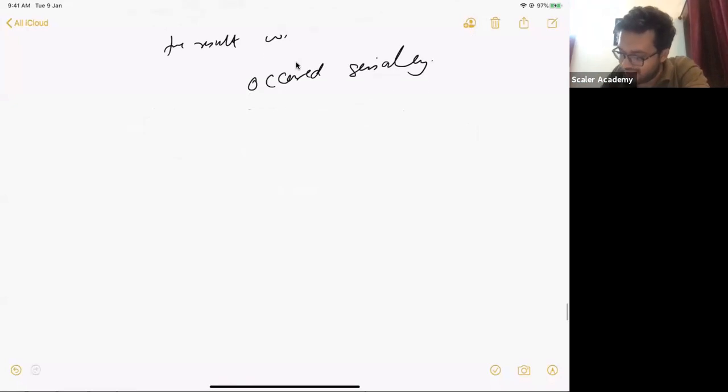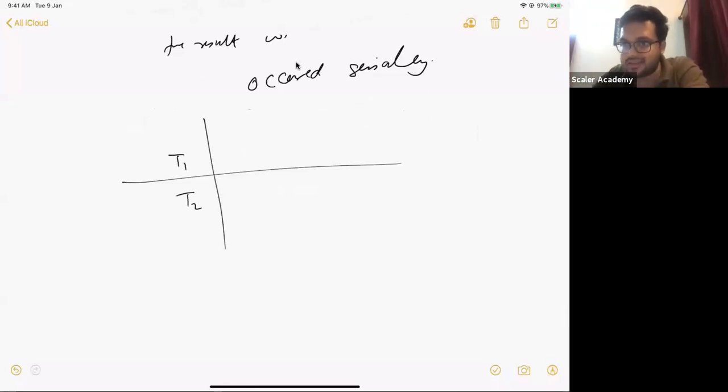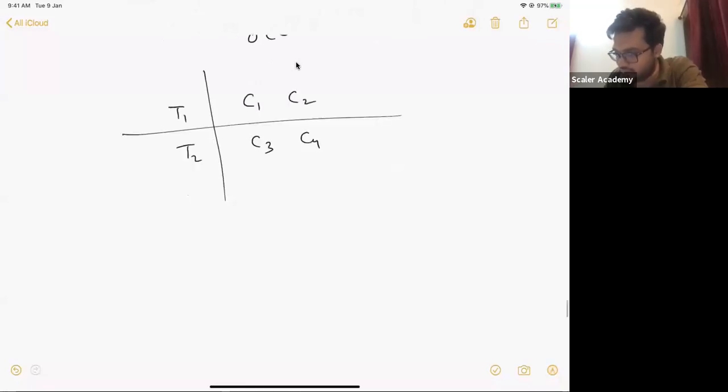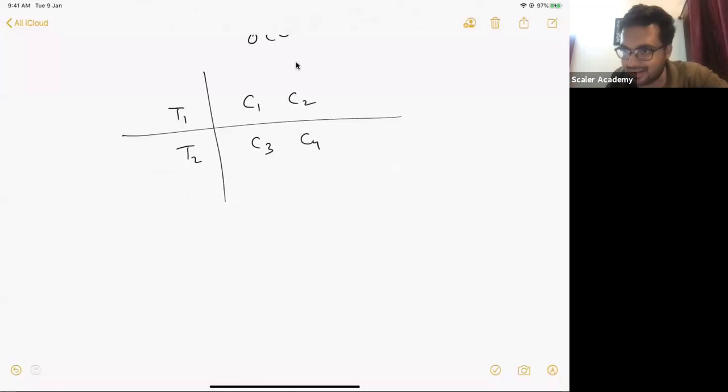Let's assume there is a transaction one and a transaction two. Transaction one has the sequence of operations C1, then C2. Transaction two has the operations C3 and C4. Assume only these two transactions exist.